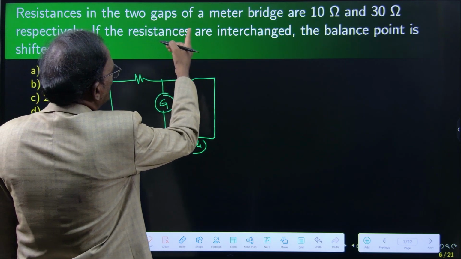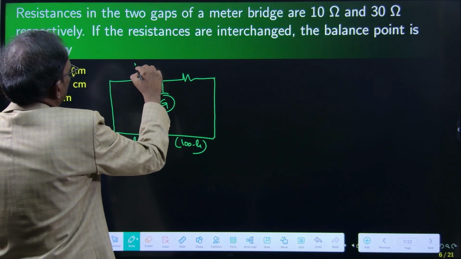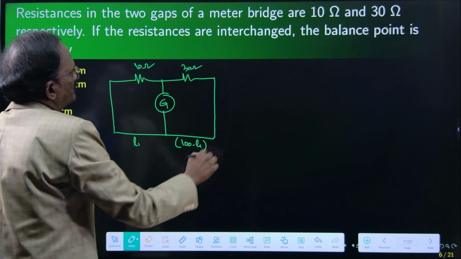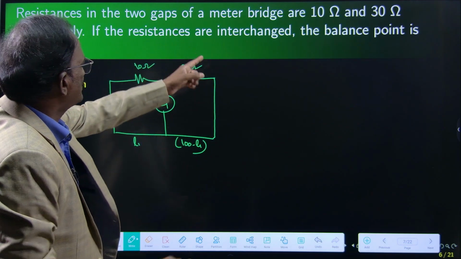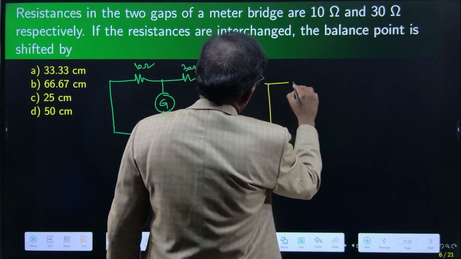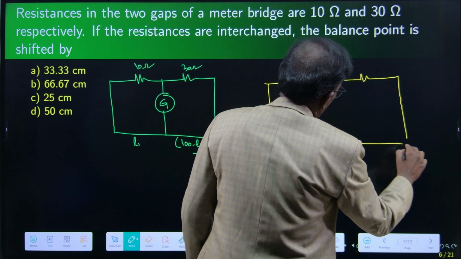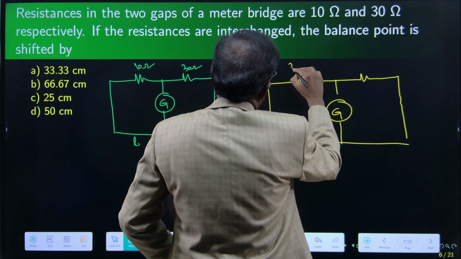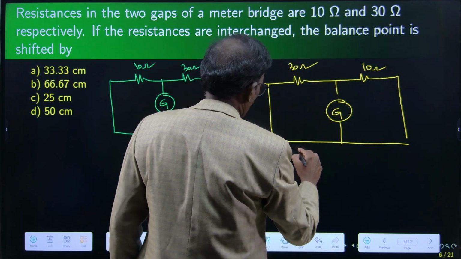Resistances in the two gaps of a meter bridge are 10 ohms and 30 ohms respectively. So this is 10 ohms and this is 30 ohms. This is case 1. In case 2, if the resistances are interchanged, 30 ohms comes here, then this is 10 ohms.